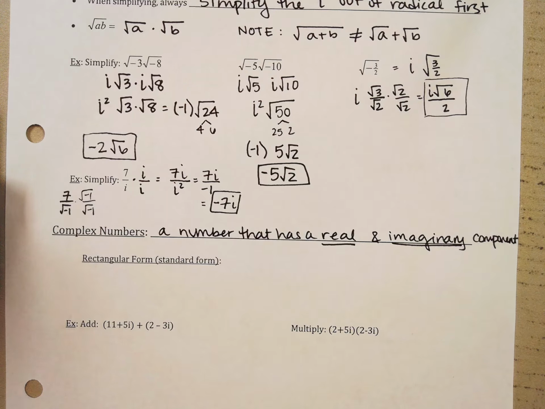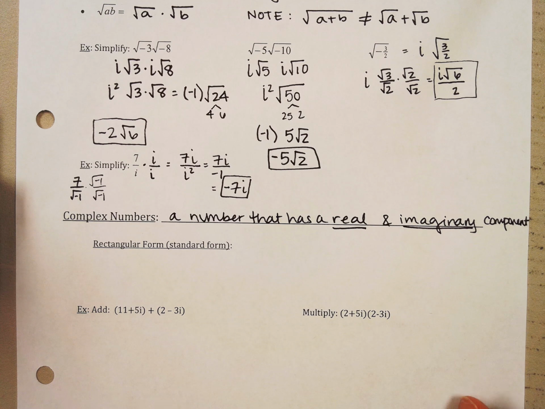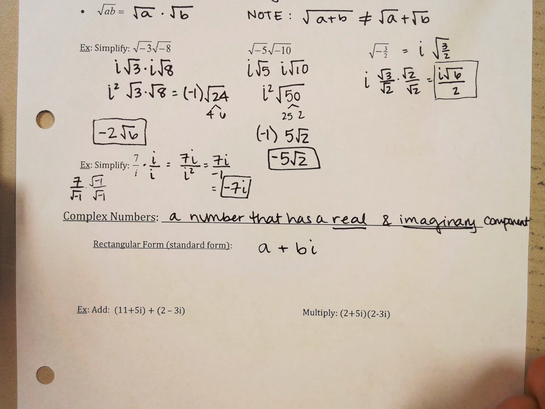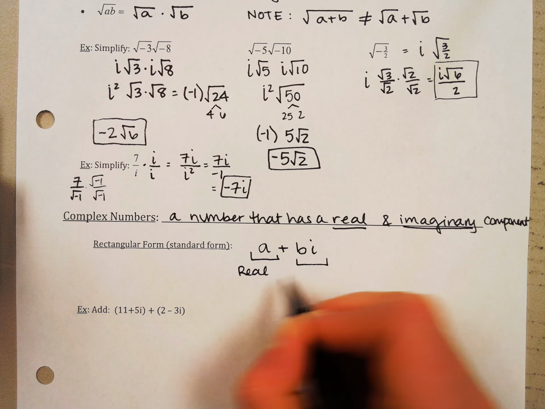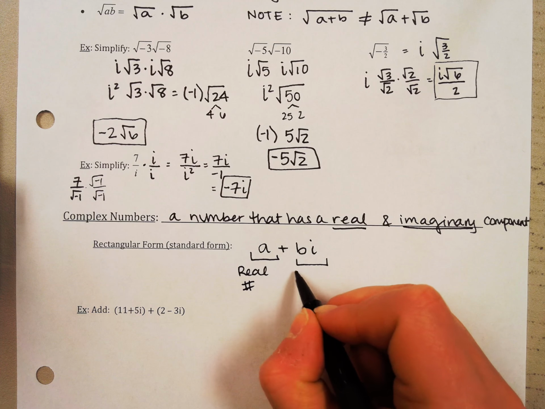Sorry, I ran out of room. A real and an imaginary component. And usually we write our complex numbers in standard form, and in standard form we separate the real part and then the imaginary part. So we usually write our standard form as a plus bi. So this represents our real number, and this, since we're dealing with i in it, represents our imaginary number.